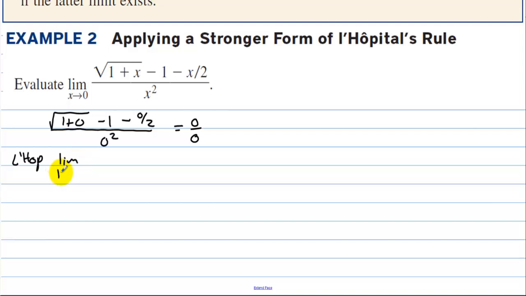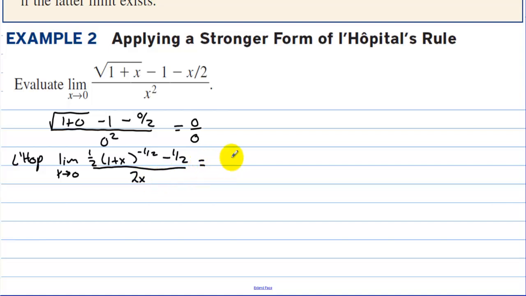We have the limit as x approaches 0 of 1/2 times 1 plus x to the negative 1/2. That's the derivative of square root of 1 plus x. Derivative of 1 is 0. And the derivative of negative x over 2 is negative 1/2. And then we have over 2x.